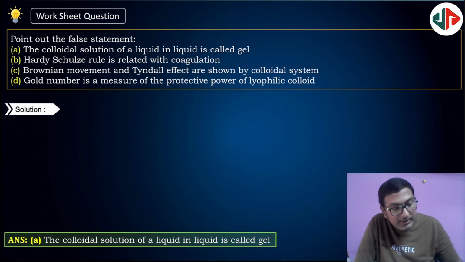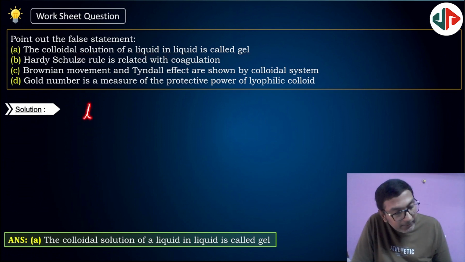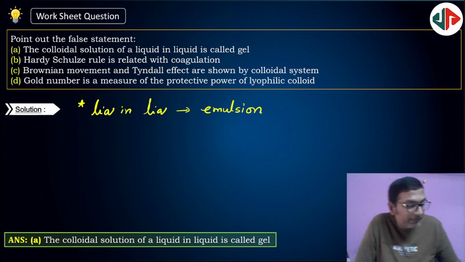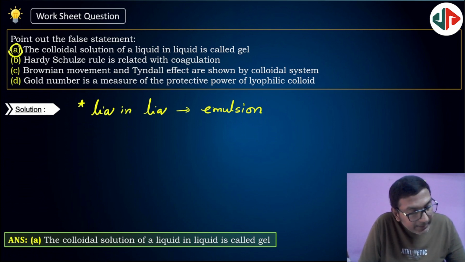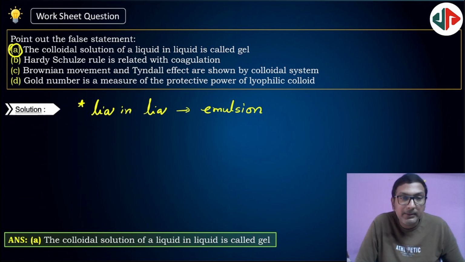Pick out the false statement. Colloidal solution of liquid is called gel. That is wrong. Liquid in liquid type of colloidal solution is known as emulsion. So A is clearly wrong. Next, Hardy-Schulze rule is related to coagulation.